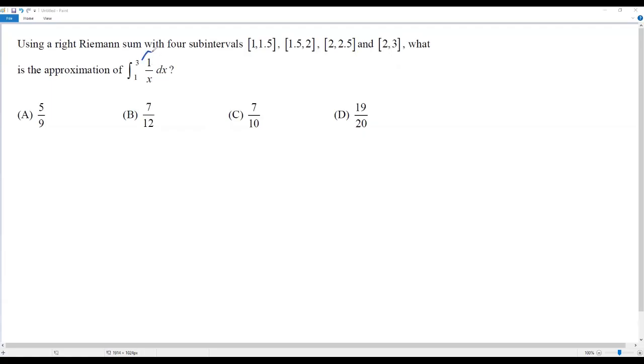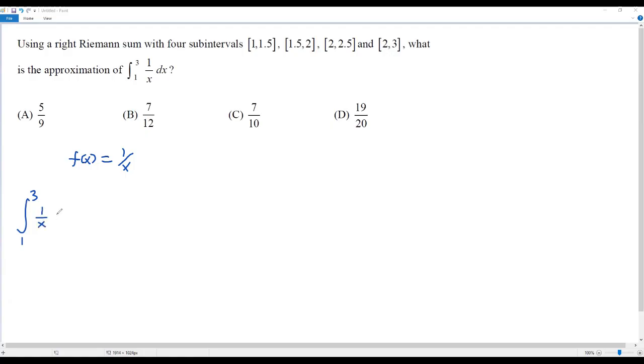Here, when I consider the integrand, that's a given function, f of x equals 1 over x. We have to approximate the value of this integral from 1 to 3 using a right Riemann sum with 4 subintervals.